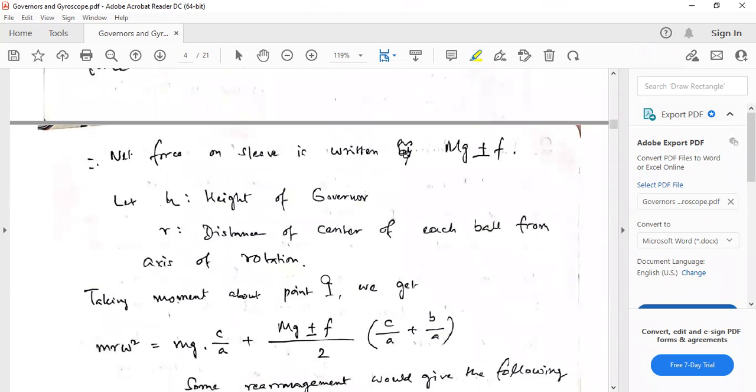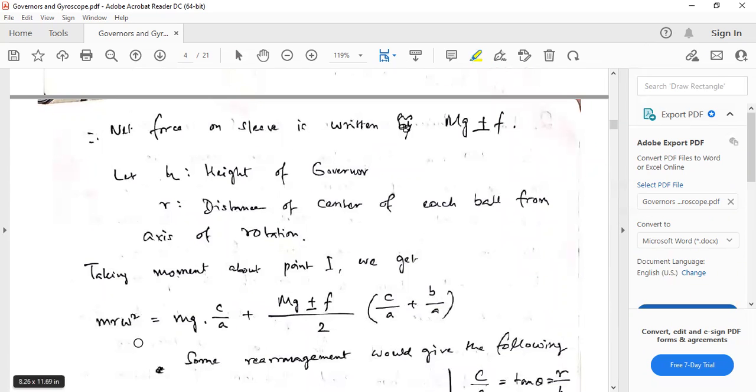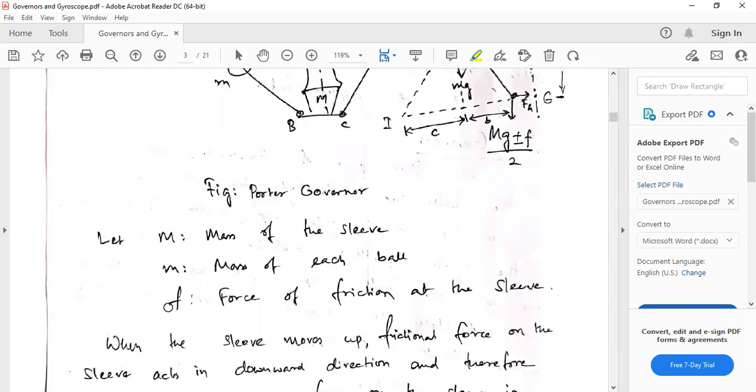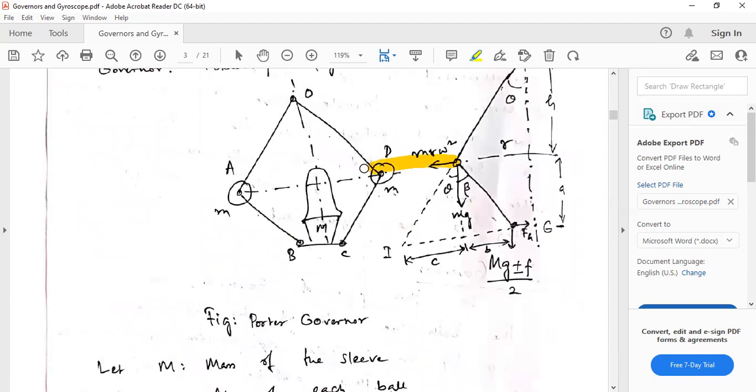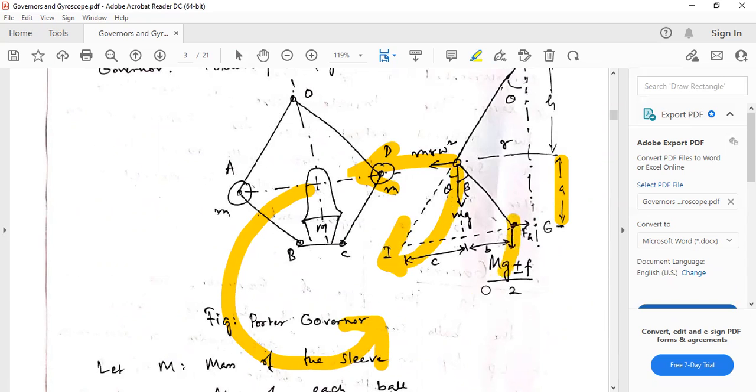We take moment about I and we write this equation: mr omega square into the distance, which we have taken as small a. So mr omega square a is the anticlockwise moment, which we write on the left hand side, and the clockwise moments, which are in the opposite direction, we write on the right hand side.